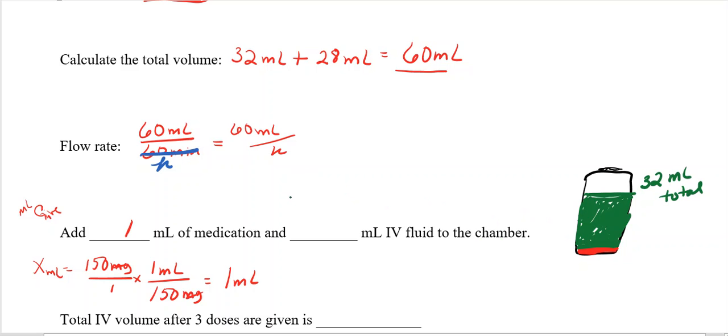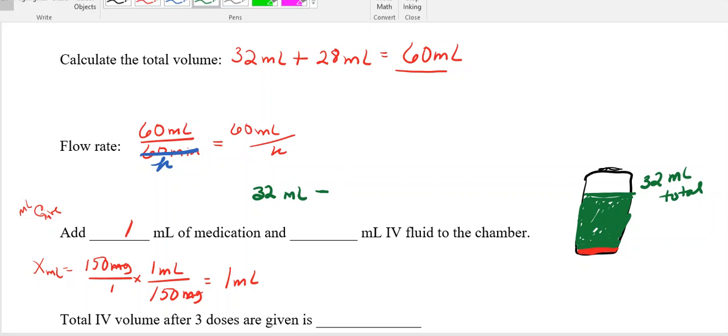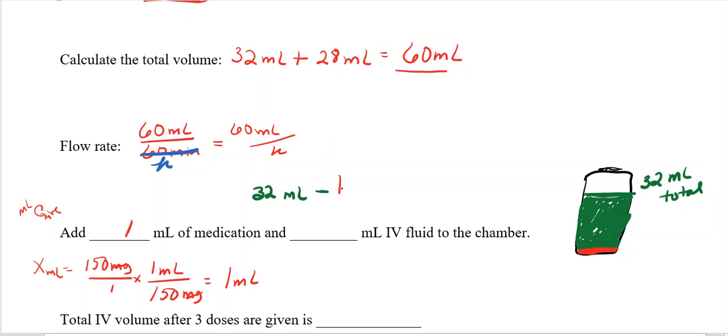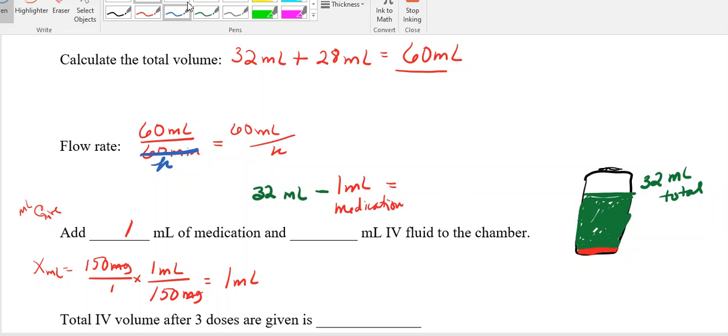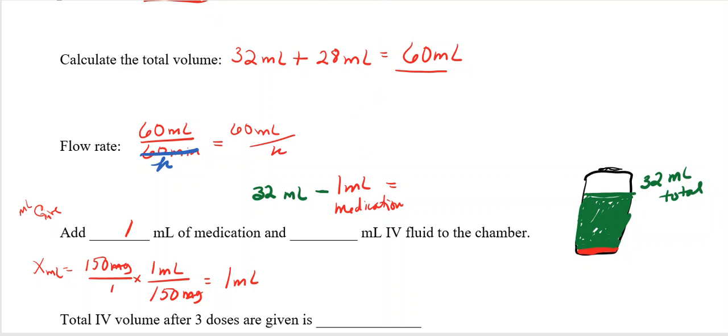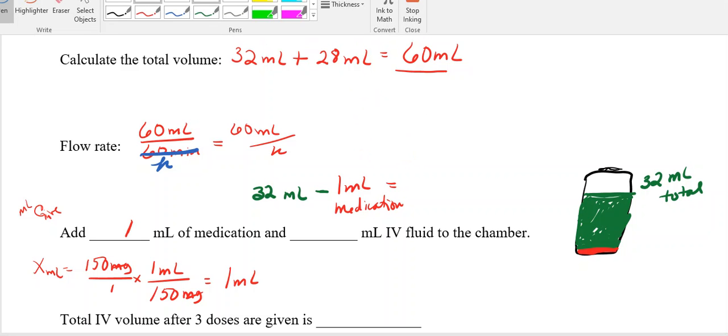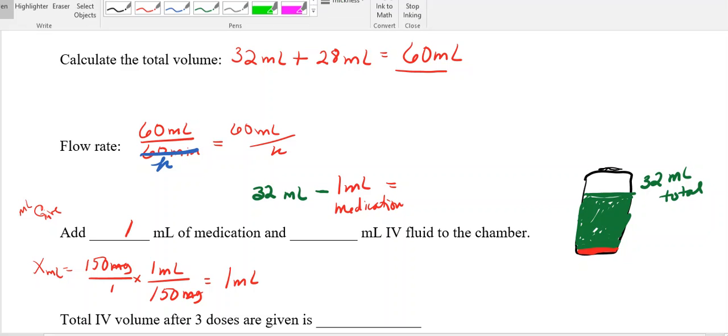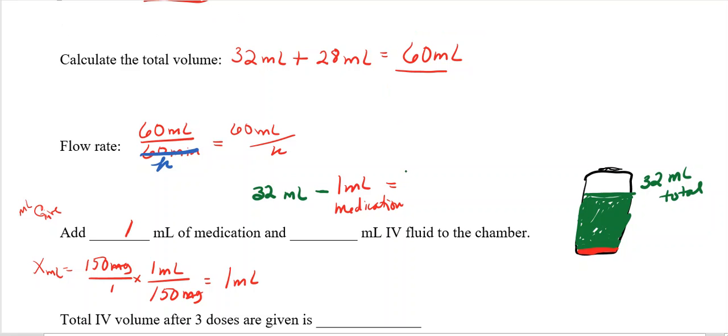So I need 32 total milliliters, and I subtract 1 milliliter of medication. 32 minus 1 is 31 milliliters of IV solution.